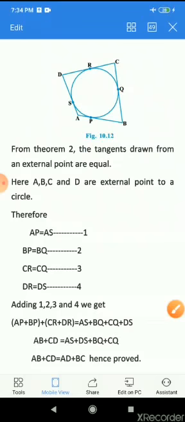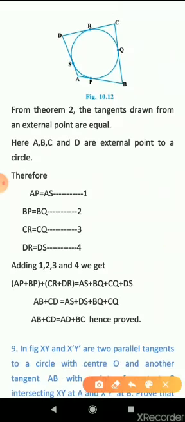Next, CR plus DR. Look here, this is CR, this is DR. CR plus DR you will get CD. Here we have AS, BQ, CQ, DS, so just interchanging them to make them the same. Here S is common, here Q is common. So AS plus DS, let us observe, what do we get? AD.